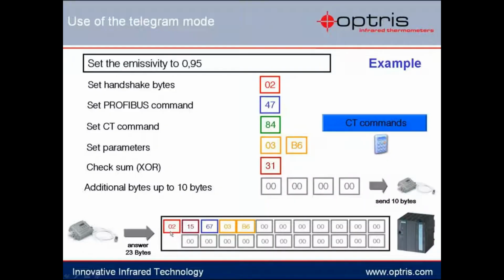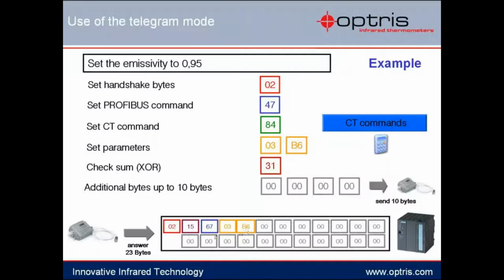The second byte sends back the value 15, which says that the telegram was received. The third byte is the answer byte from the temperature sensor with the reference that the following bytes are containing the modified information. This is always the value 67.